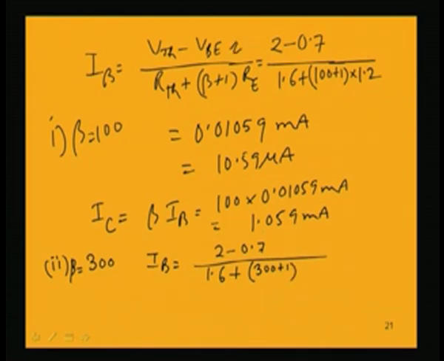V Thevenin is 2, VBE is 0.7, R Thevenin is 1.6 plus (beta plus 1) is 300 plus 1 into RE is 1.2 K, and this value is coming out to be 0.003583 milliampere. So, IB is now 3.583 microampere.